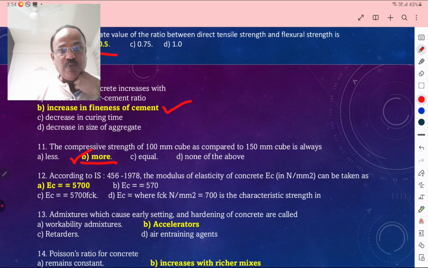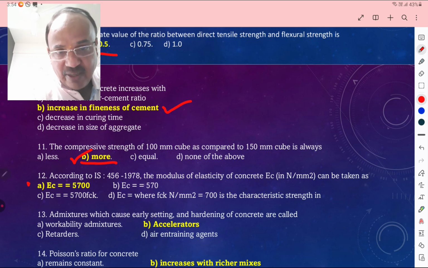According to IS 456 1978, the modulus of elasticity of concrete, that is Ec in Newton per mm square or MPa, can be taken as 5700 root fck, where fck is in Newton per mm square. Option A is correct.